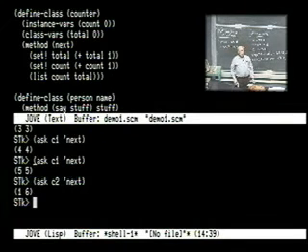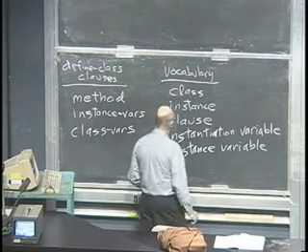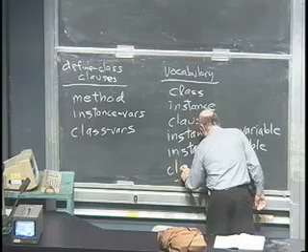So in these funny kind of counters, the first number says how many times have I nexted this particular counter? The second number says how many times have I nexted any counter, any member of this class? And how does this work? Well, there's a clause called class vars, which create class variables.